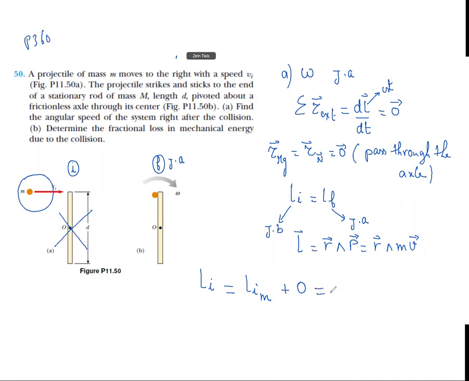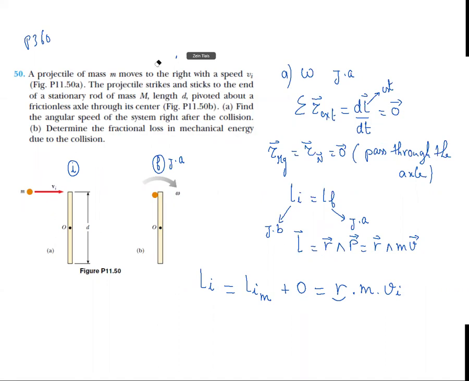So here we can write directly: R times m times v initial. R is the projection from the center O to the velocity.